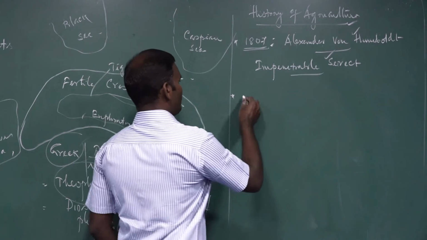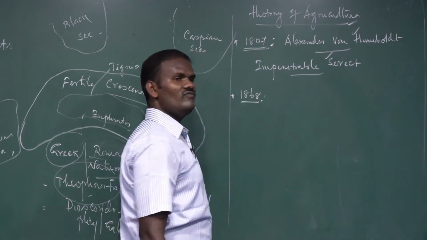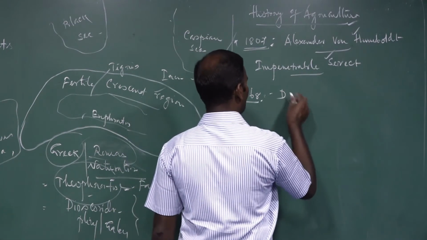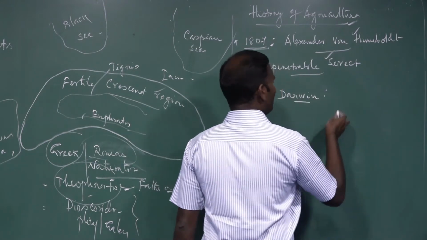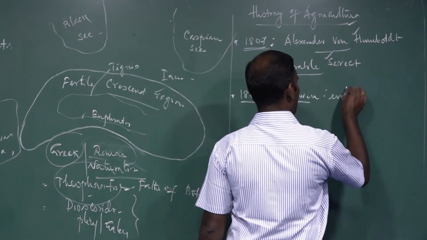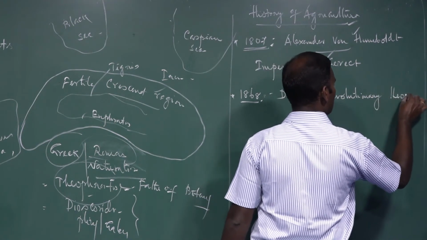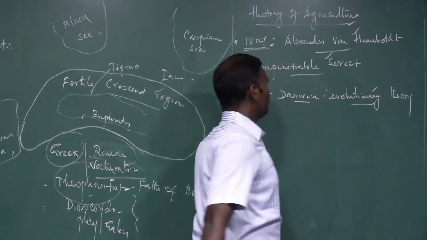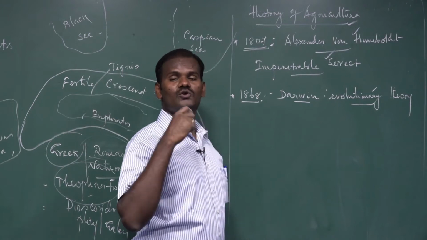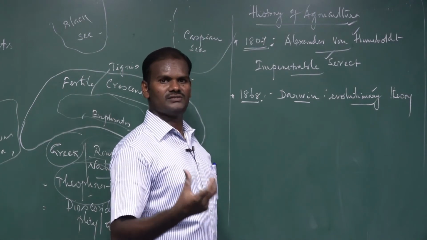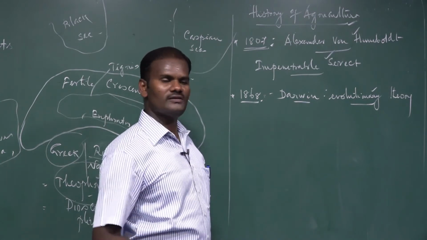The next, 1868. Darwin's evolutionary theory proposed that the origin and places of cultivable plant species came about through two processes.